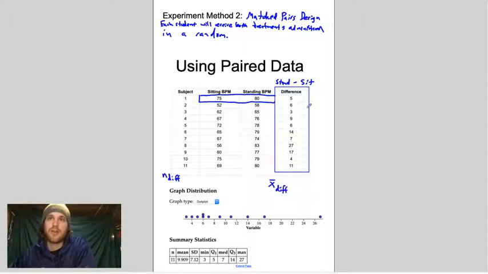So we find the average of this, and we're using that to estimate mu sub diff, okay?